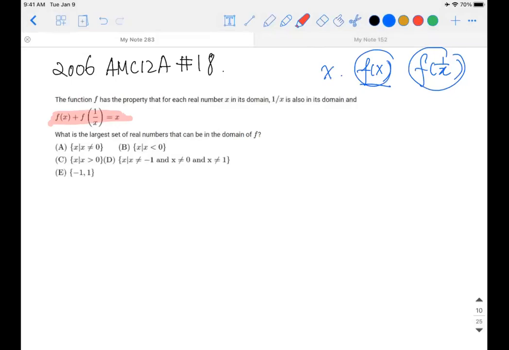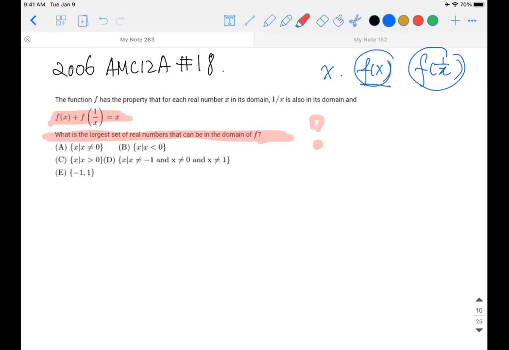With all that information, the question says, what is the largest set of real numbers that can be in the domain of f? What is the question trying to ask?